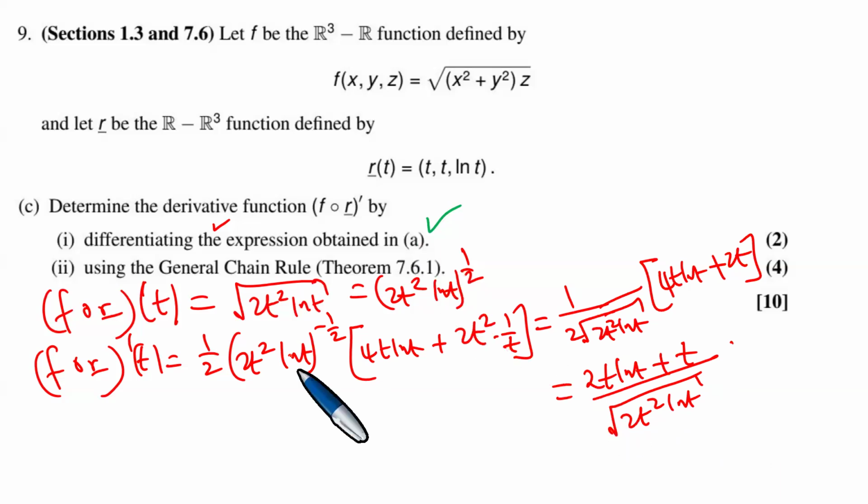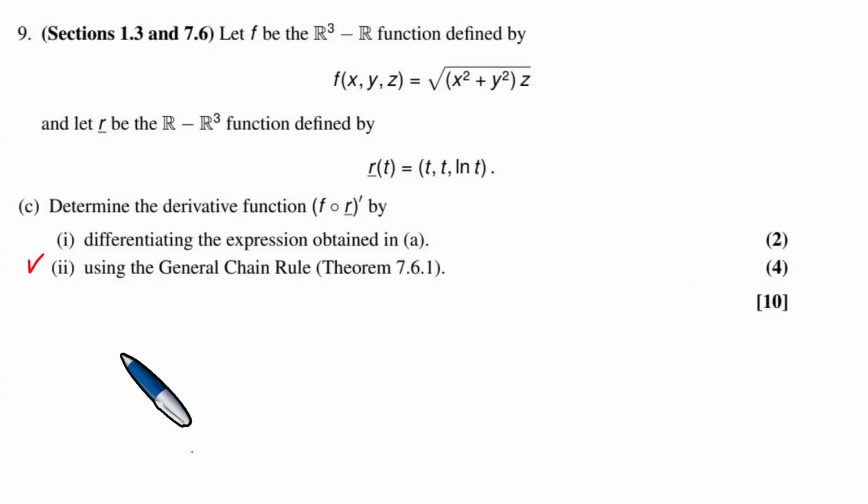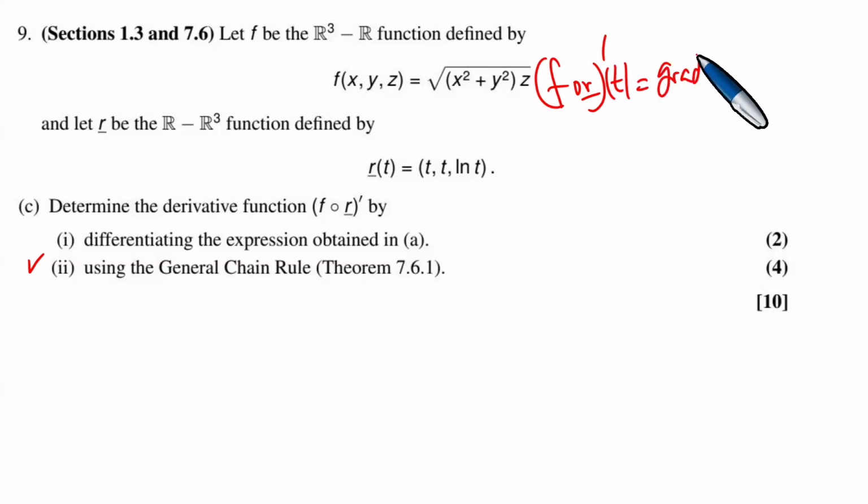So we've differentiated. But now for the next part, using the general chain rule, theorem 7.6.1, let us write what the chain rule states. The chain rule states that if you have the following, F composition r prime of t is the gradient of f at r of t.